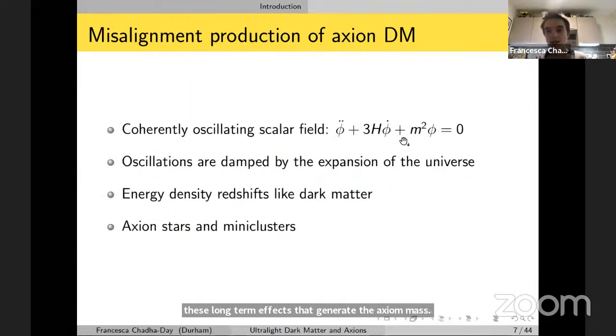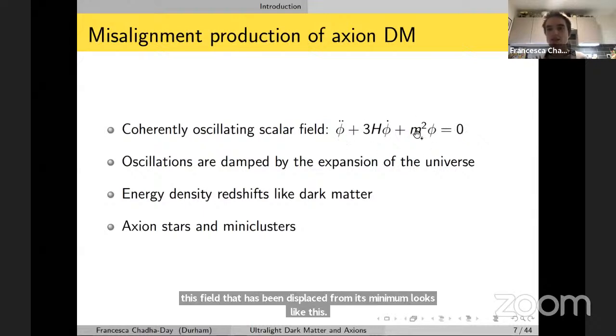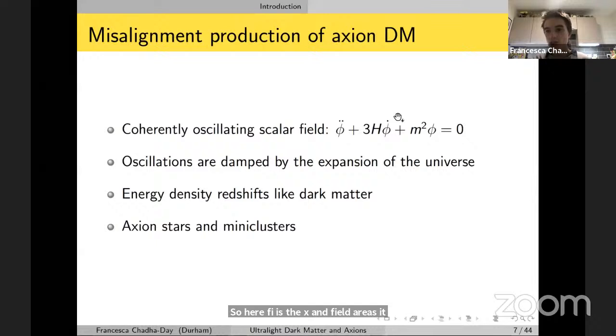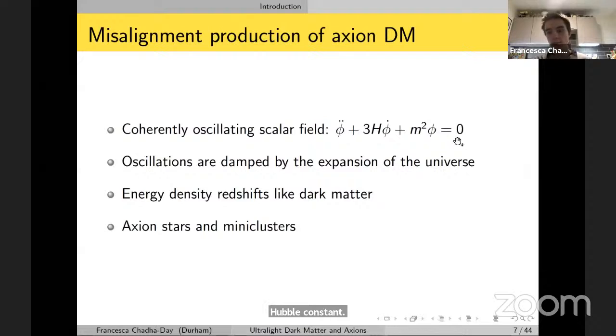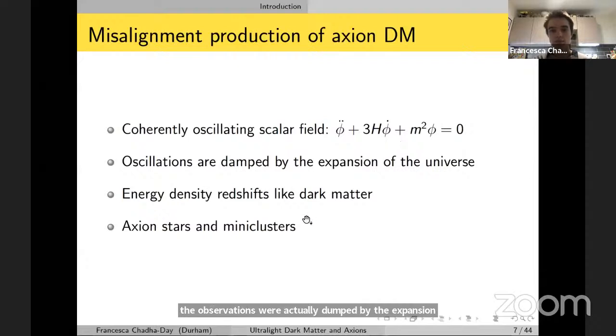And what we then find is that the equation of motion for this field that has been displaced from its minimum looks like this. Here, phi is the axion field, m is its mass, and H is the Hubble constant. So we can see that this is the equation of a damped harmonic oscillator. It's oscillating with a frequency set by its mass, and the oscillations are damped by the expansion of the universe via this Hubble parameter.